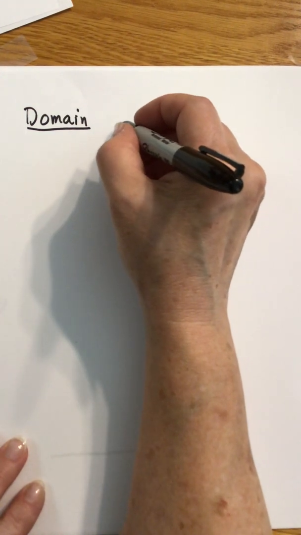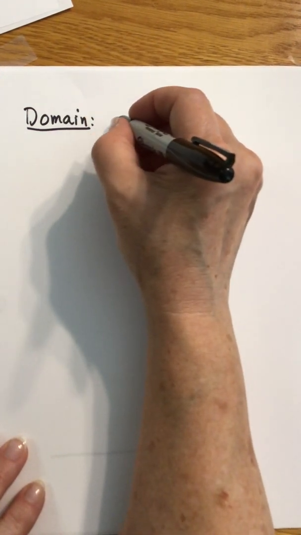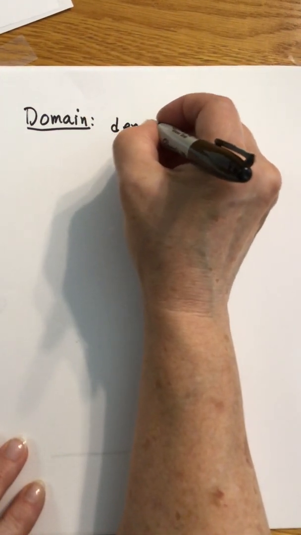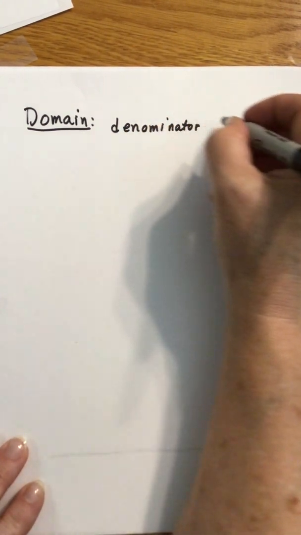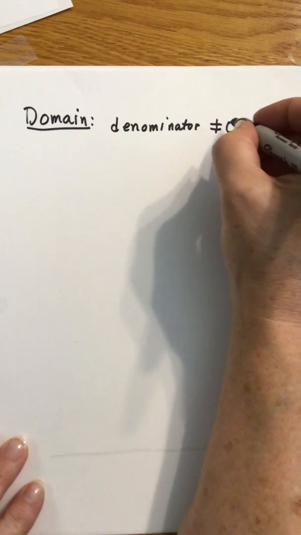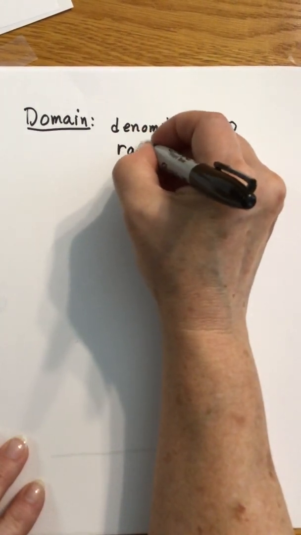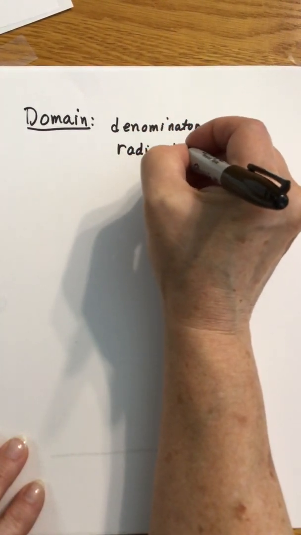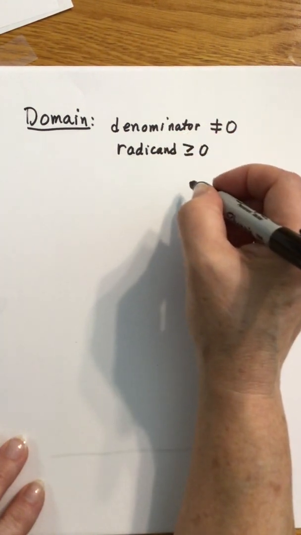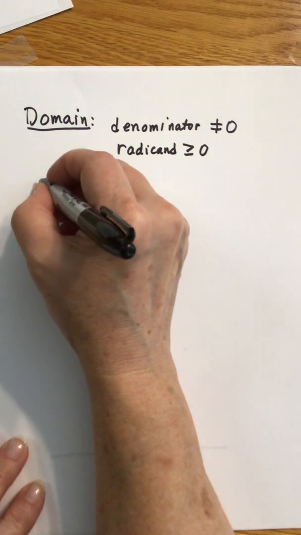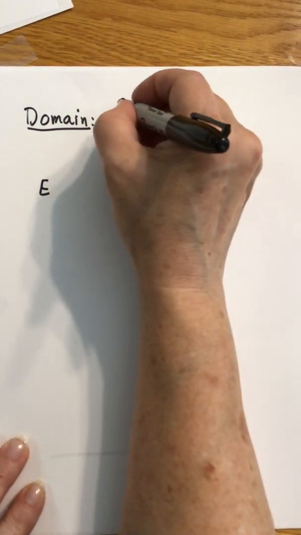And we said domain is dependent upon the restrictions. Denominator cannot equal 0. And radicand has to be greater than or equal to 0. Remember, radicand is the thing that's under the radical. So an example, now again, these are restrictions.